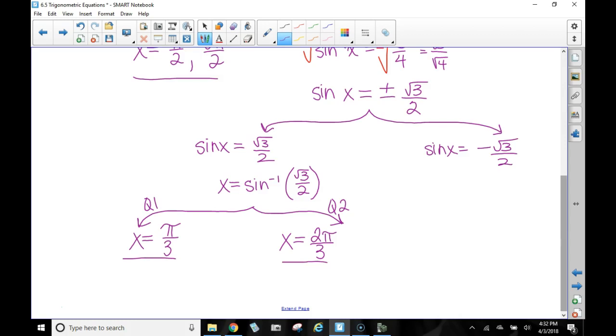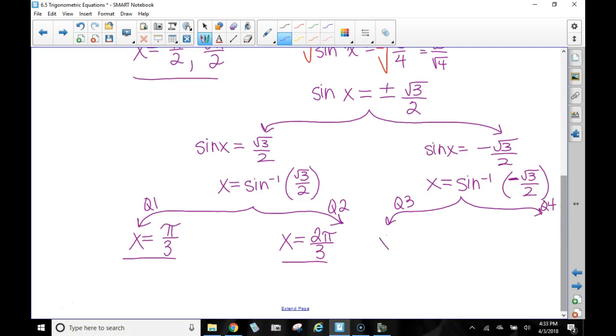Over here on this right-hand side, again solving for x, take the inverse sine of both sides. So now we're looking for the angles that have a sine value of negative square root of 3 over 2. Sine is going to be negative in quadrants 3 and 4.